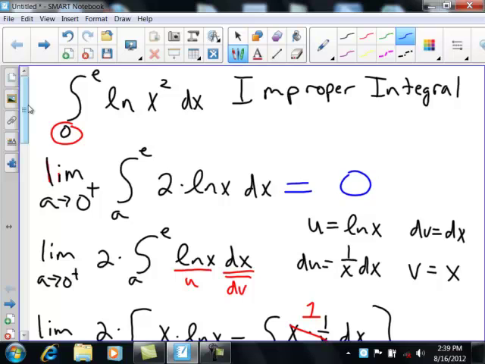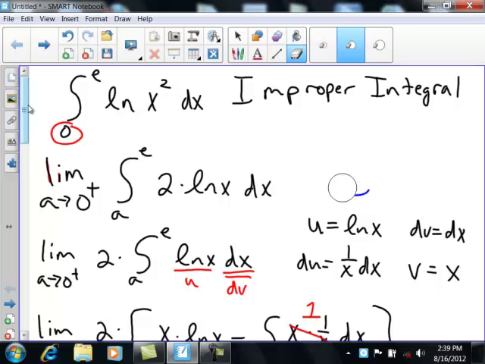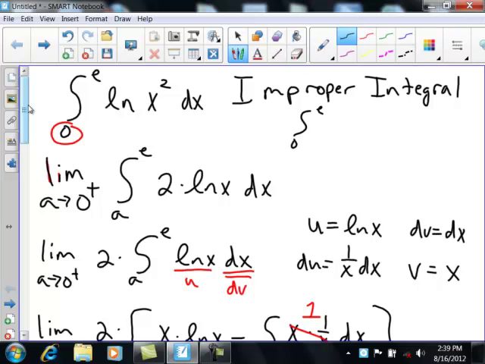Since we found the value of that limit to be 0, that means that integral is 0. I put that on the wrong line. I'm sorry. My original problem back here: the integral from 0 to e of the natural log of x squared is equal to 0, because we found the limit to converge to a value. So that integral converges to that same value, which in this case is 0.